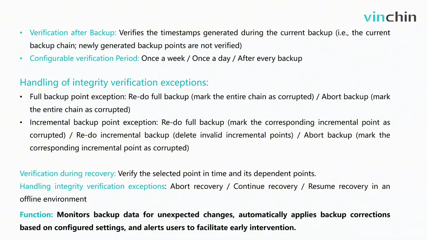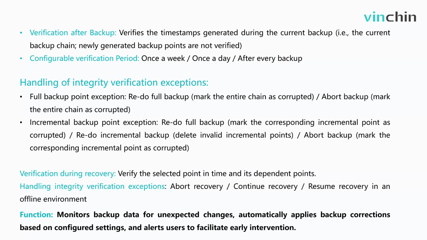Yeah, you can see here, when you set the fallback point exception, you can select redo the backup or abort the backup. And for the incremental backup point exception, you can select redo the backup, redo the incremental backup, or abort the backup.